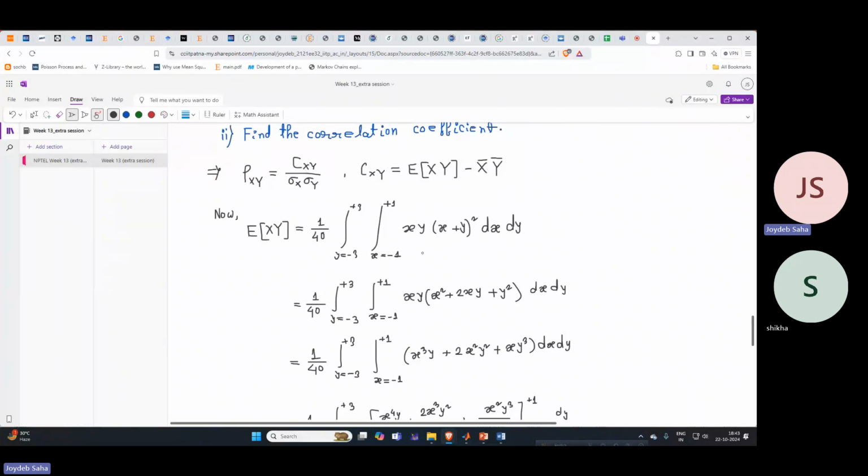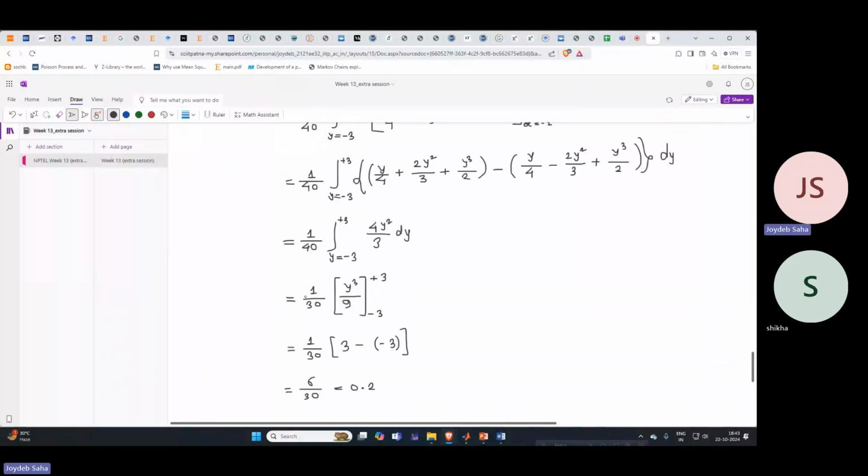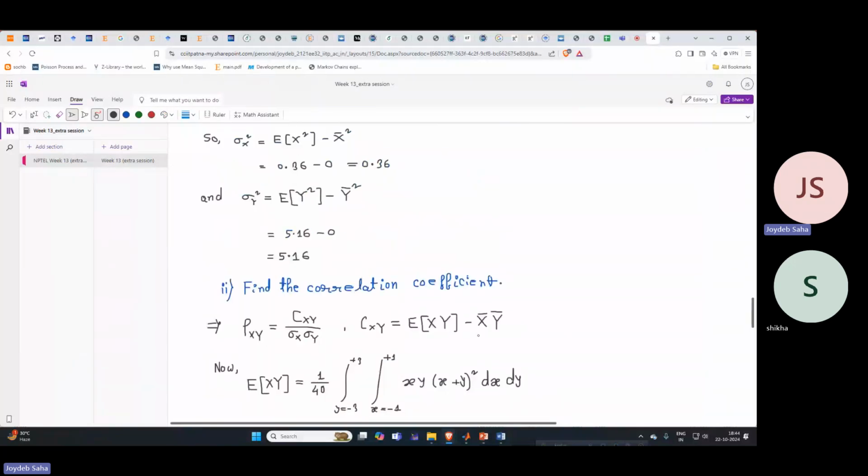rho of xy, before that let us calculate c of xy. It is expectation of xy minus x bar y bar.